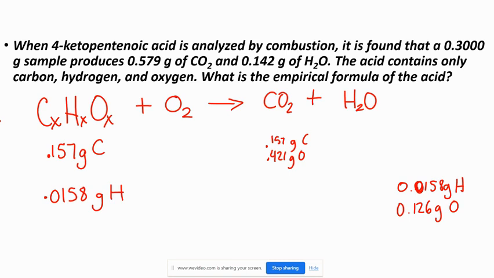This compound has, what do we have to do for the oxygen? We got it in 2 different spots here, y'all. We got to add it. So you got to add that oxygen up to be able to get your grams of oxygen here.